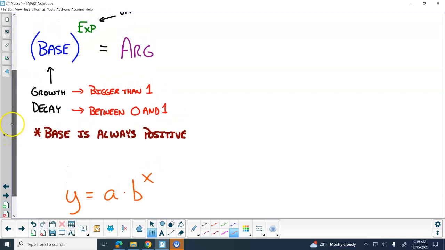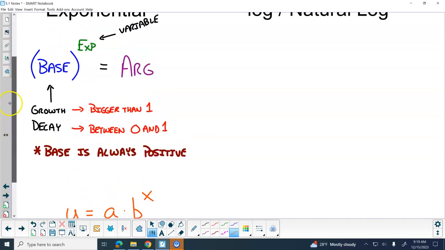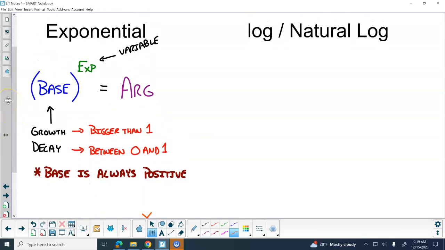Now, a logarithmic function, which is going to be the inverse of that, is going to look like this, with the exponent in green: my exponent is going to equal log of the base, then of the argument.